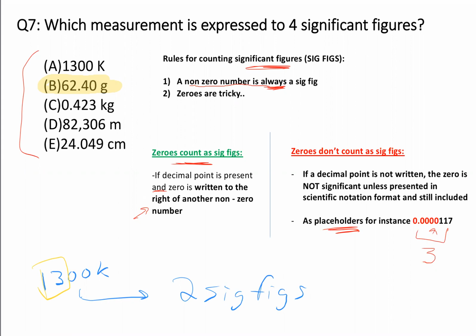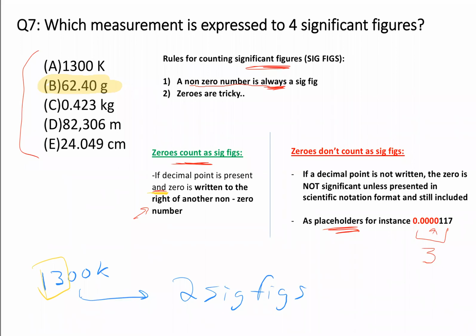Those are the sig figs. The zeros here are not significant because they do not appear to the right of a non-zero number, and the decimal point needs to be there.